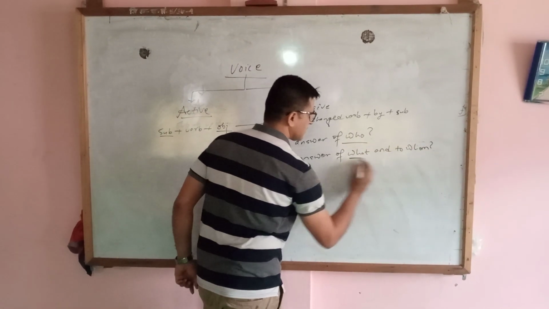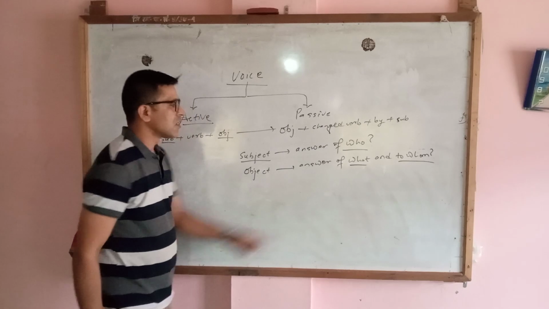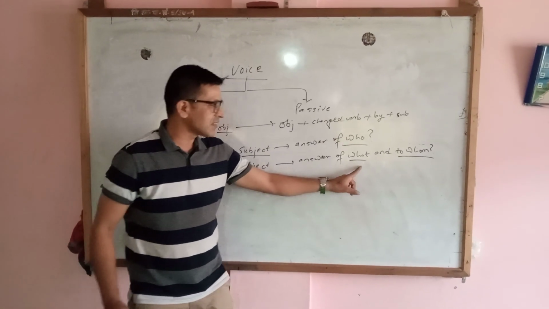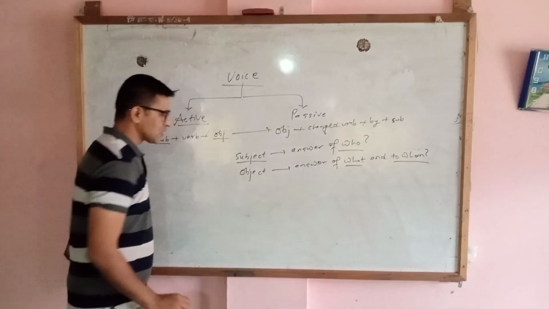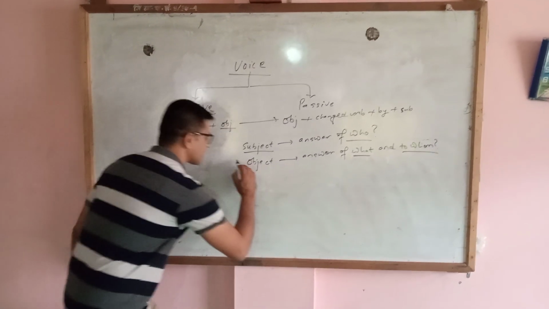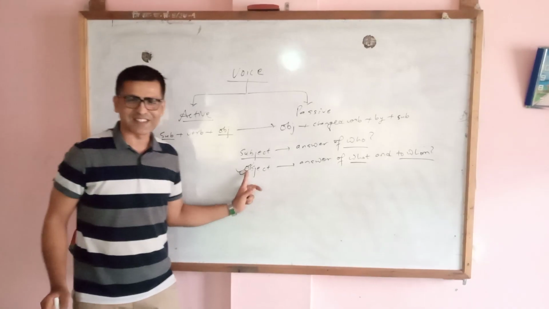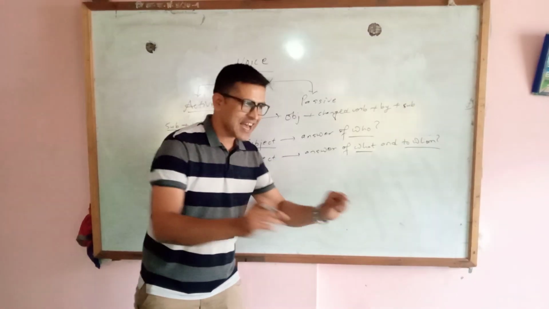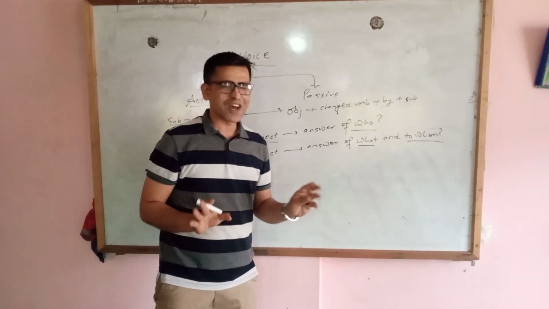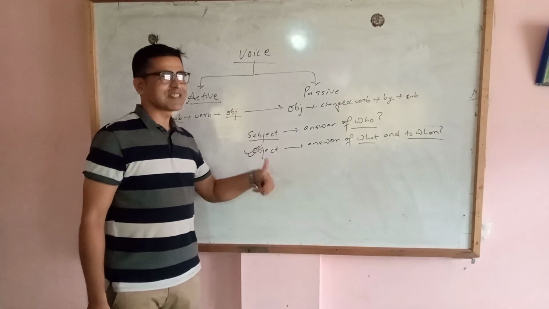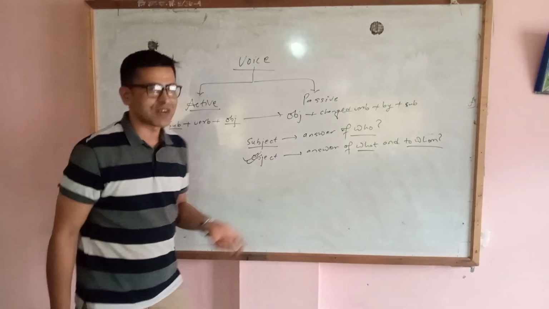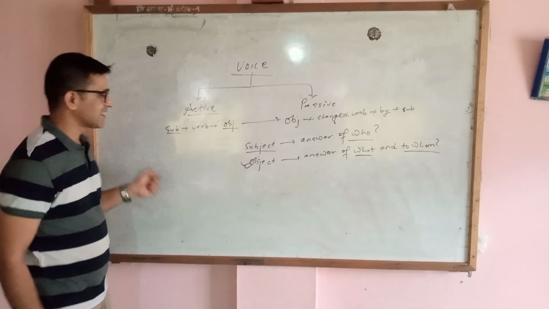In two cases, what and to whom. What implies the direct object and to whom implies the indirect object. So the object is very important in passive voice, dear students and fellow teachers. If students are able to carry the object to the front, then almost 50% of the job is done. So always remember, always consider the object a very important thing in passive voice.